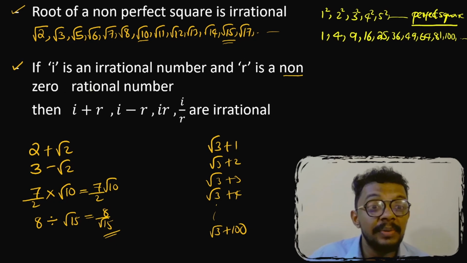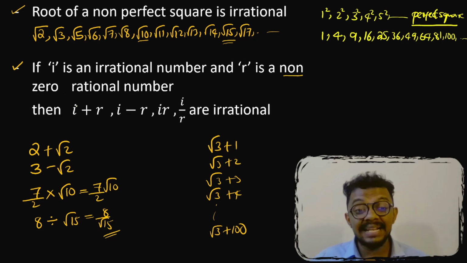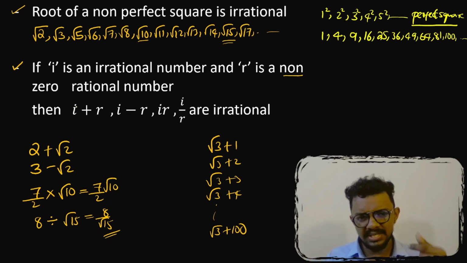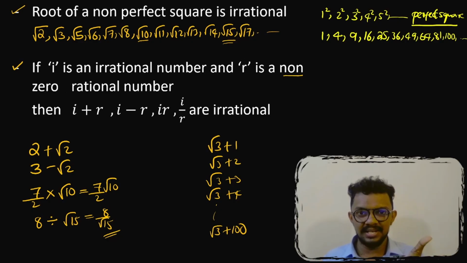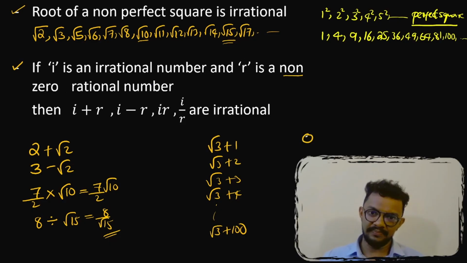So if I'm considering a rational and an irrational, their sum is irrational, their difference is irrational, their product is irrational, their division is irrational, provided that the rational is not zero. What is the problem if it is zero? Zero is a rational number.